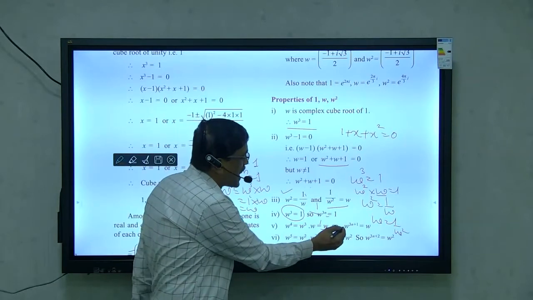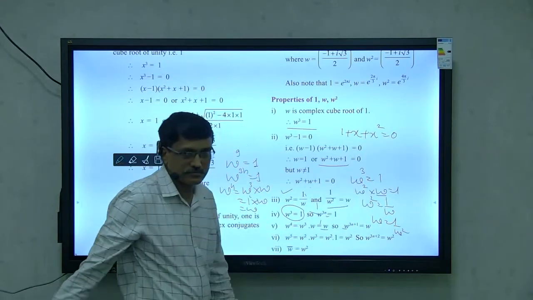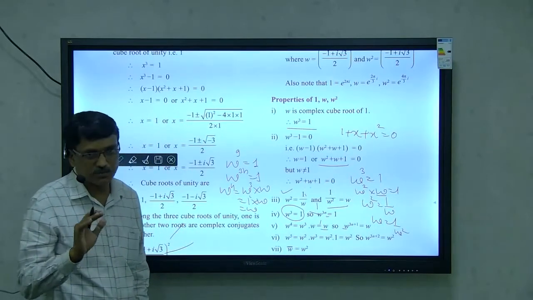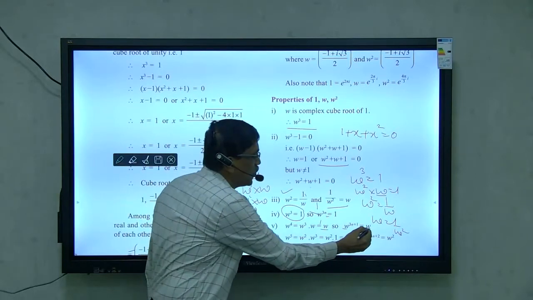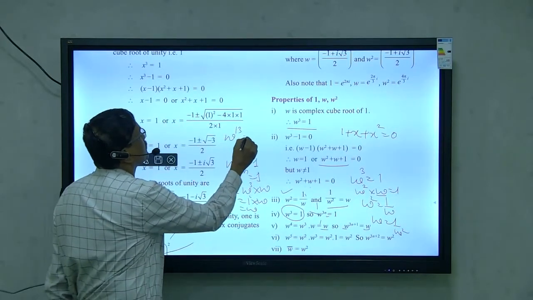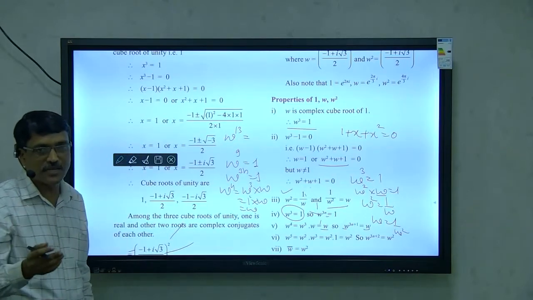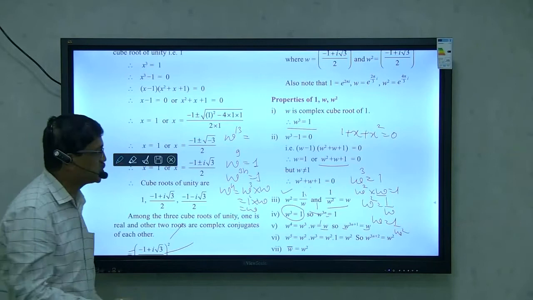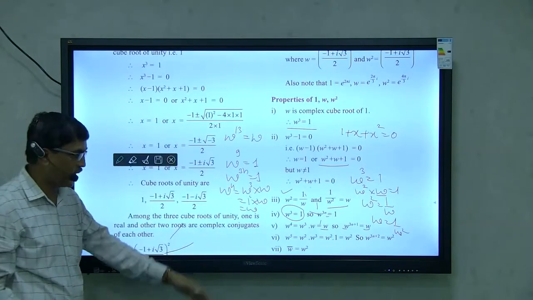If omega has index 1 more than a multiple of 3, its value is omega. One example, omega raised to 13. It is omega raised to 12 plus 1. 12 is a multiple of 3 and plus 1. So its value is omega. We can write directly its value to be omega.